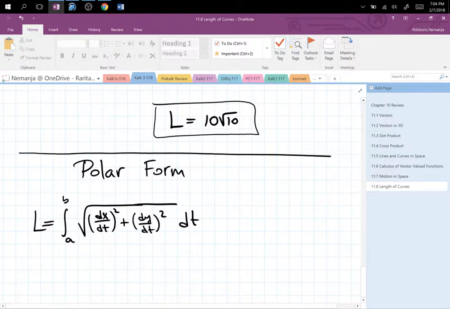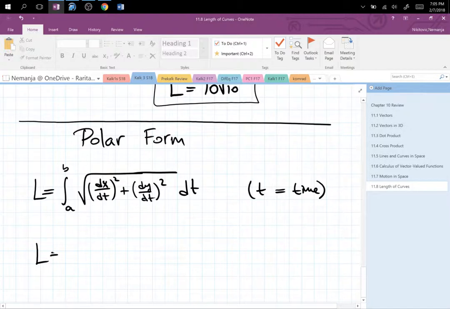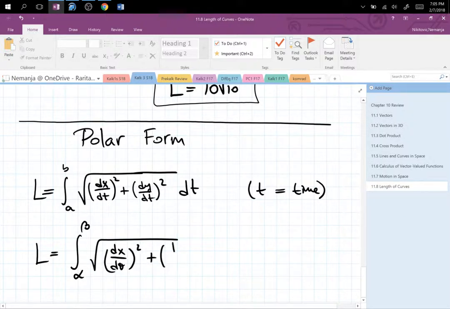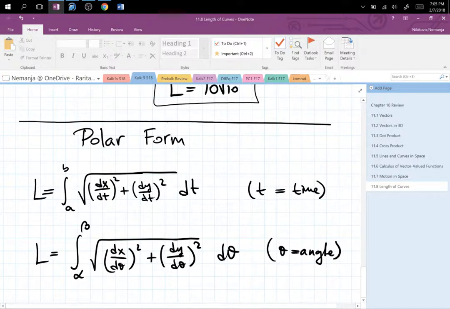And you are just going to take the parameter, instead of being time, you are going to change the parameter into angle. So now you have alpha to beta, and you have dx d theta squared plus dy d theta squared, d theta, where theta is angle. So we are using the same formula.